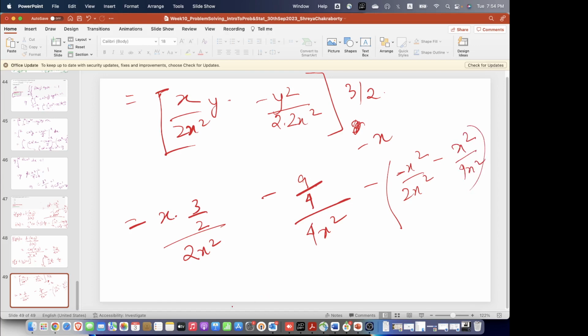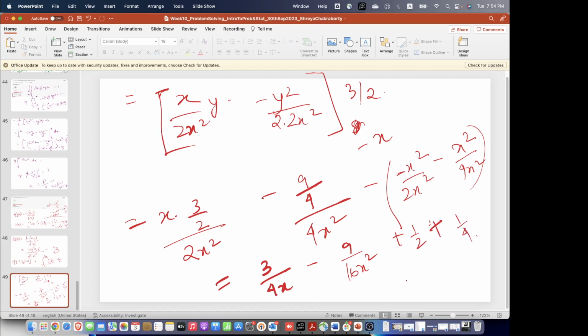Okay, so this one will be 3 by 4x minus 9 by 16x square plus half, and then plus 1 by 4.